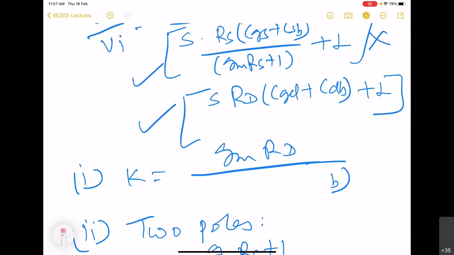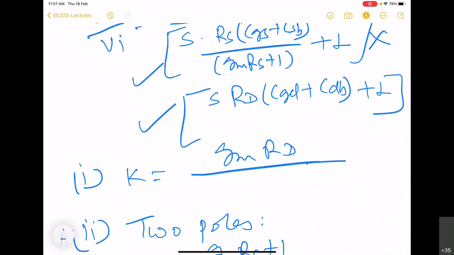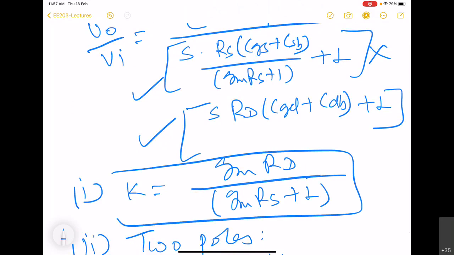This K is not this one. K is actually this factor. So it is GMRD divided by GMRS plus 1. This is the K.